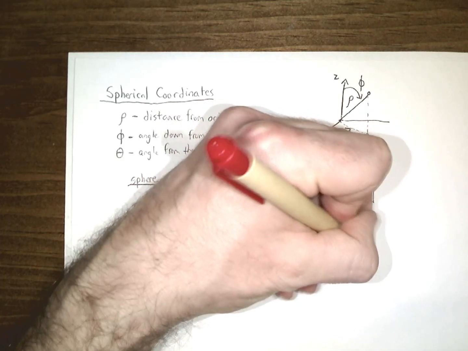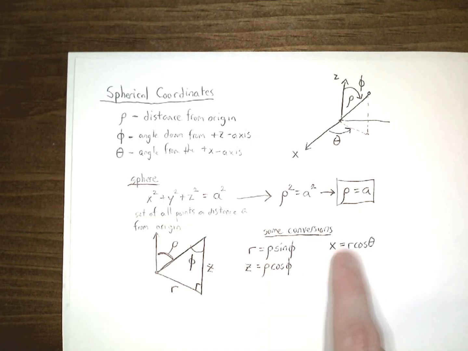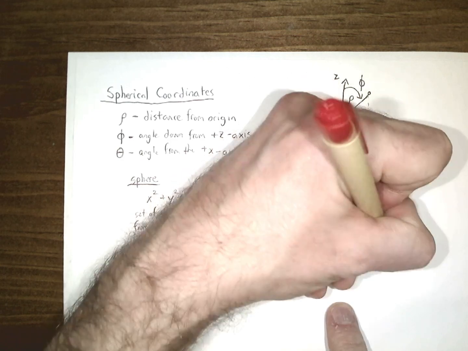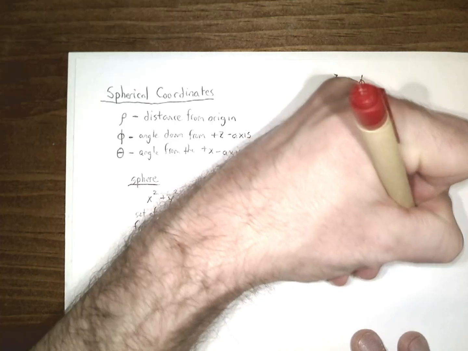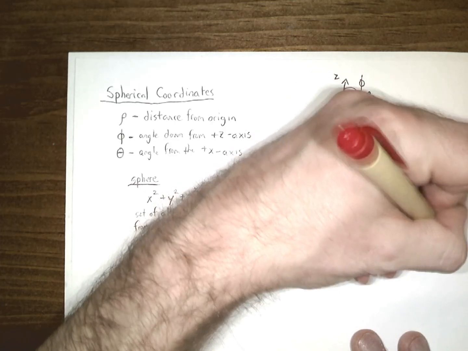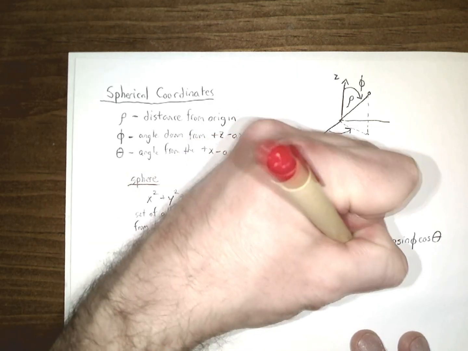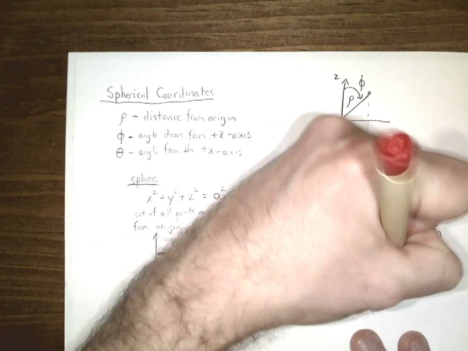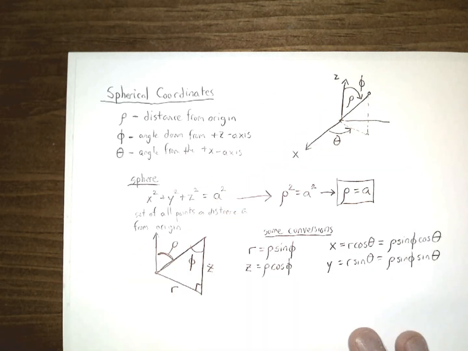If x in cylindrical coordinates is r cosine theta, we can now substitute this r into this expression here and write in spherical coordinates rho sine phi cosine theta. We also have the same for y, where we get rho sine phi sine theta.